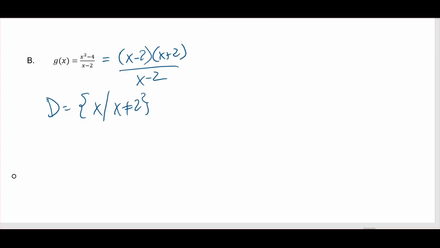And then we reduce our fraction, right? So x minus 2, those go away. So we've got x plus 2. Okay, so we canceled something, right? So this, we canceled x minus 2.